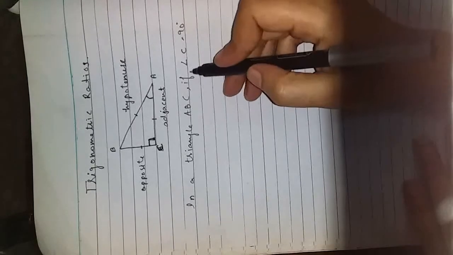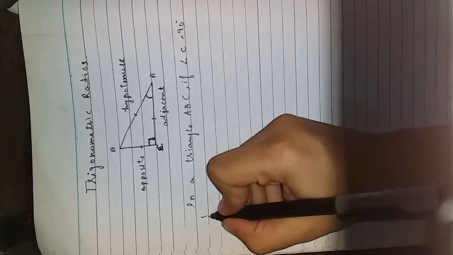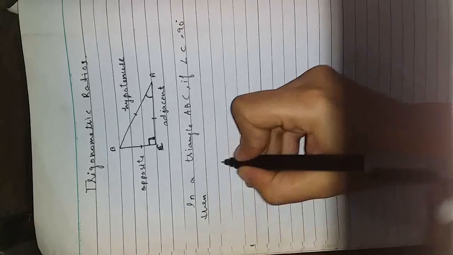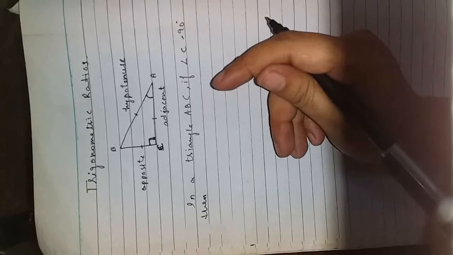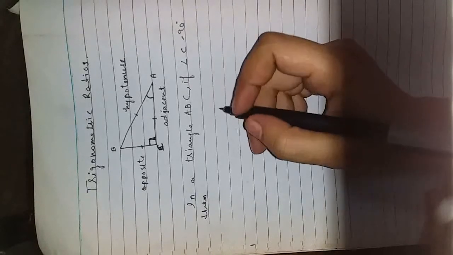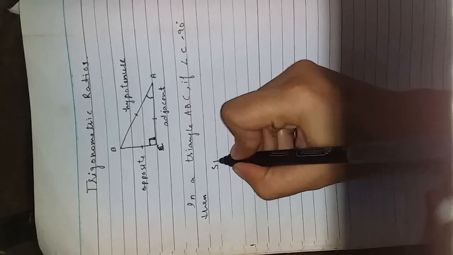In triangle ABC, if angle C is equal to 90 degrees, then we use three trigonometric ratios. First trigonometric ratio is called sine, SIN.